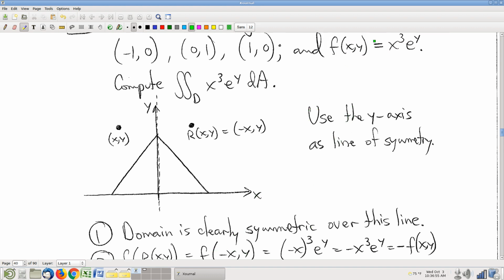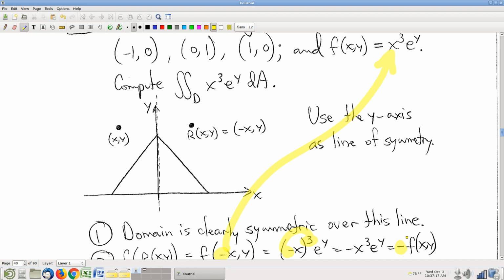Roughly speaking, what happens is this minus sign that comes from the reflection goes in there and gets cubed. And roughly speaking, the point here is that -1 cubed is -1. That's why you get the necessary negative.